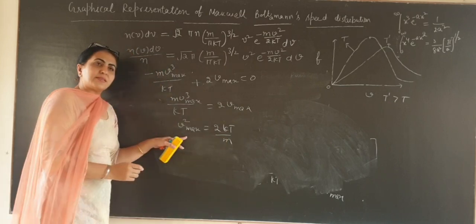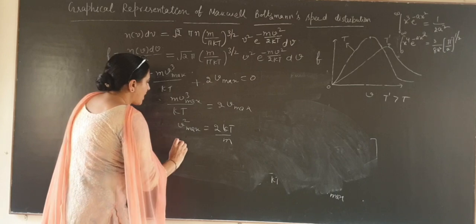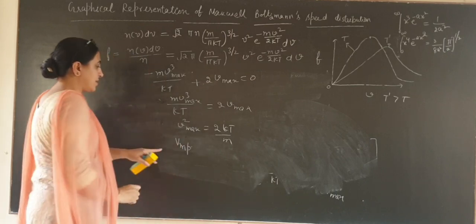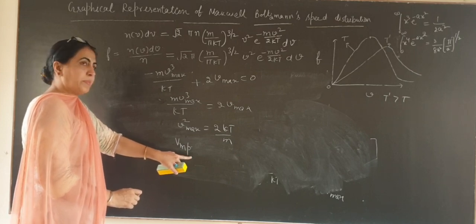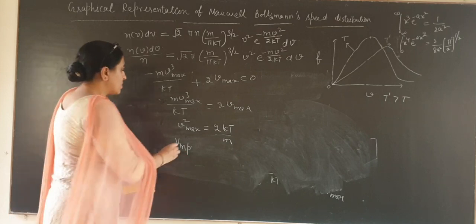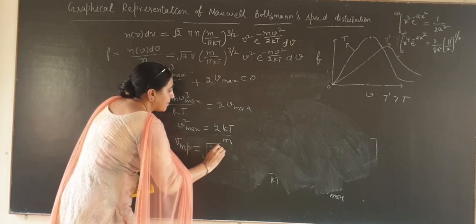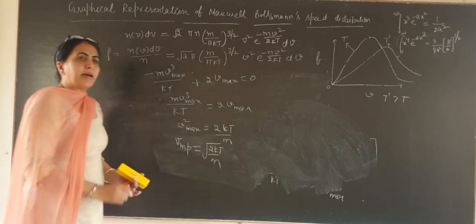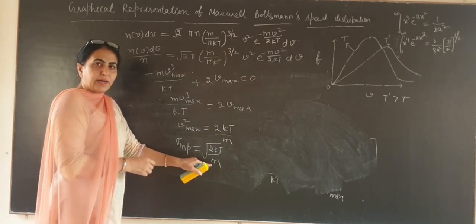This is the most probable speed, v maximum, which in simple symbolic representation is v mp, the most probable speed. So the most probable speed is equal to under root 2 kT by m.